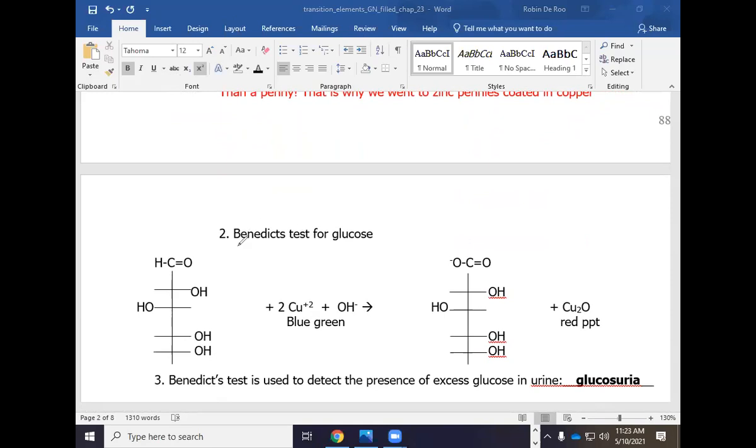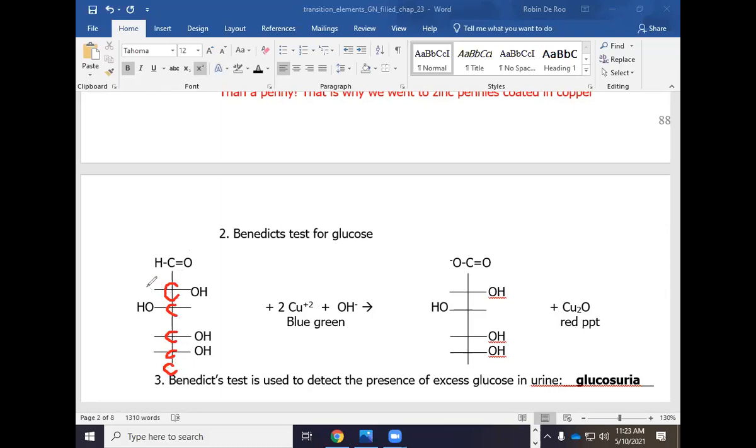Okay, so when you get to organic chemistry, you're gonna do this because people don't feel like drawing all the carbons. That's a carbon, that's a carbon, that's a carbon, one, two, three, four, five, six.